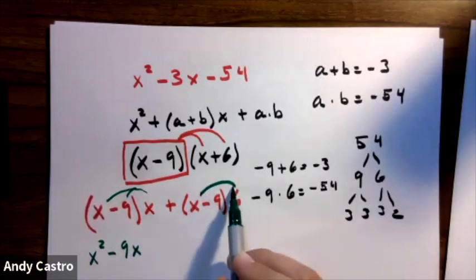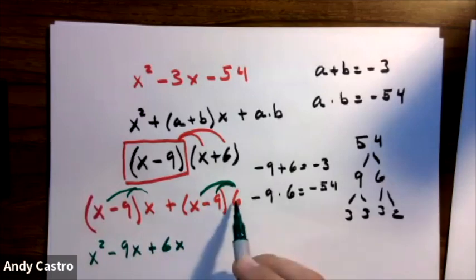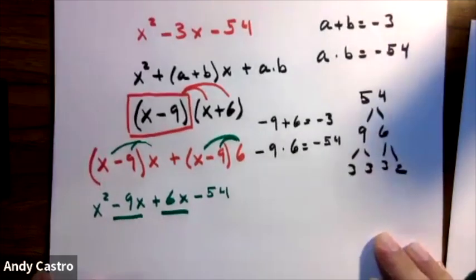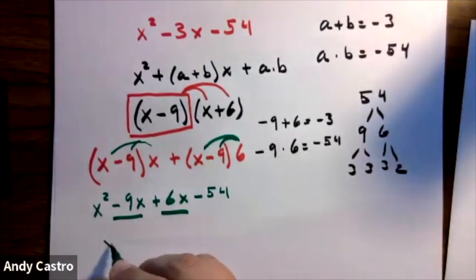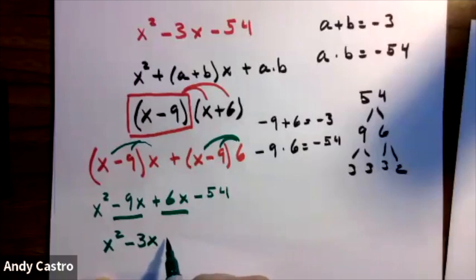Then here, 6x, so plus 6x, and 6 times negative 9, negative 54. I can combine my like terms here. And x squared, minus 9 plus 6 gives me a negative 3, minus 54.